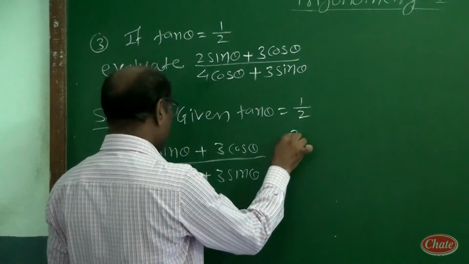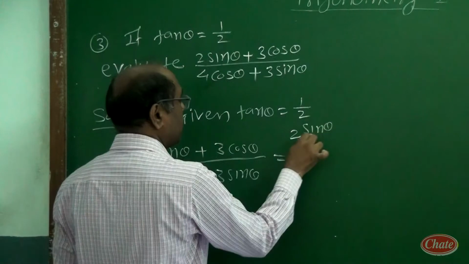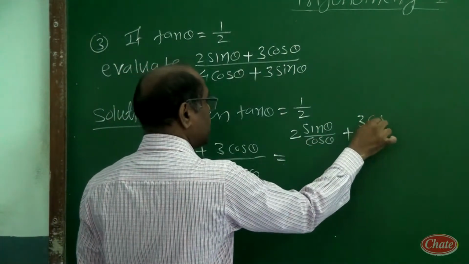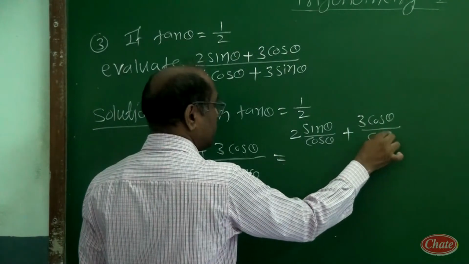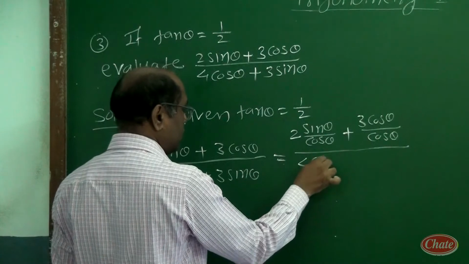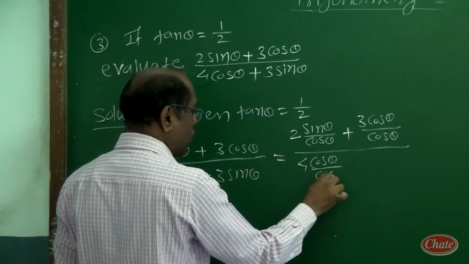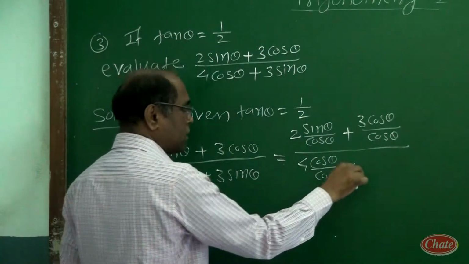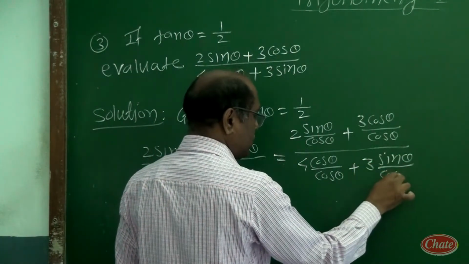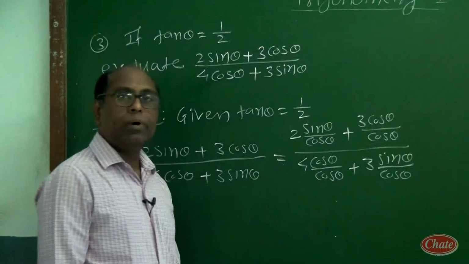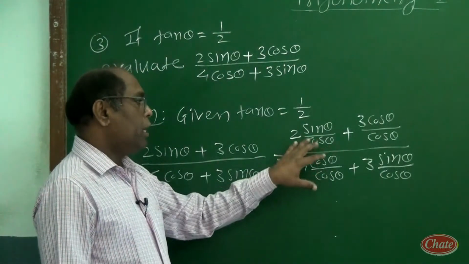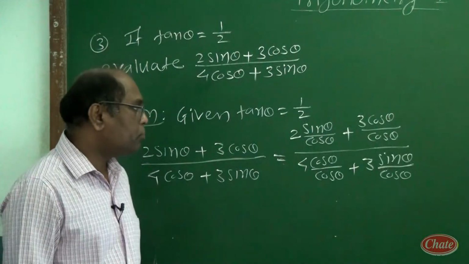So that is equal to (2 sin theta upon cos theta plus 3 cos theta upon cos theta) divided by (4 cos theta upon cos theta plus 3 sin theta upon cos theta).